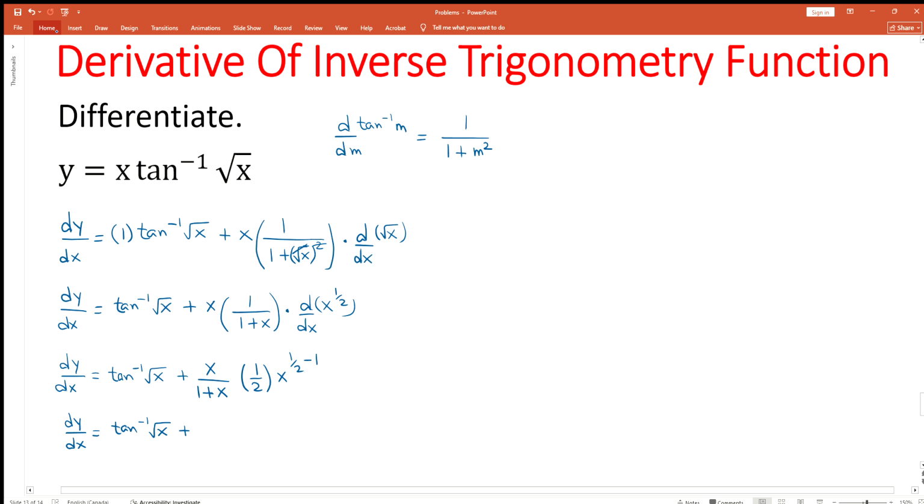X over 1 plus x times half is equal to x over 2 times 1 plus x, and in the exponent on x, half minus 1 is equal to negative half.